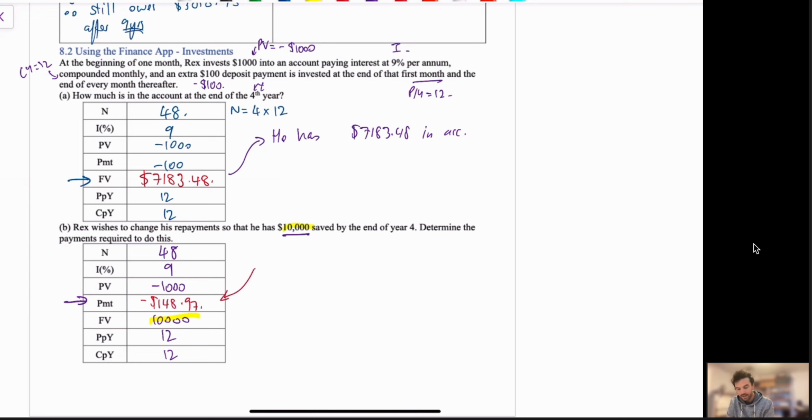Now, what this means is, and I like to put this as a statement, he has to do monthly deposits of $148.97 to reach $10,000 after 4 years.